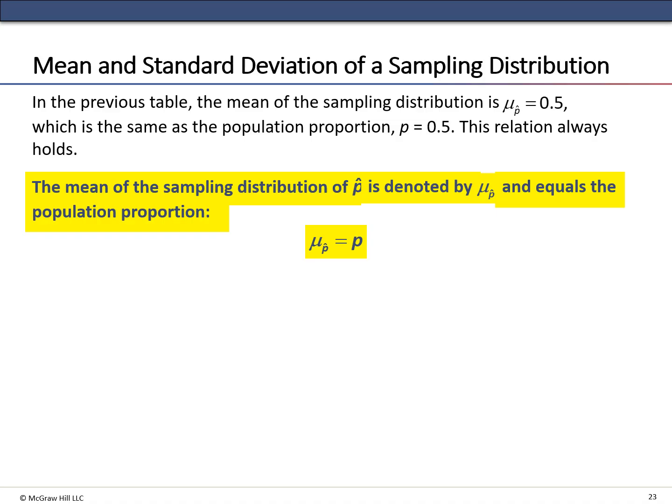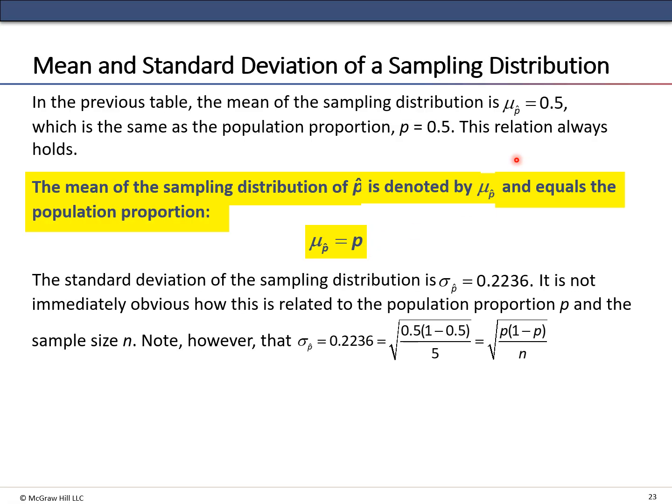So just like the sample mean, the mean of the sampling proportion is equal to the population proportion, okay? Here we're looking at a proportion in the population. The average of all of our sample proportions is equal to that population proportion.